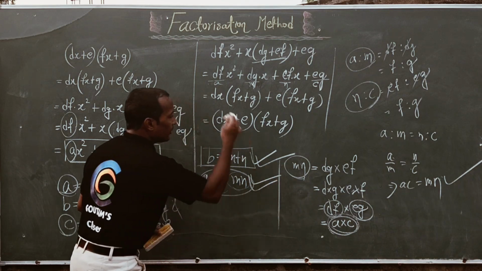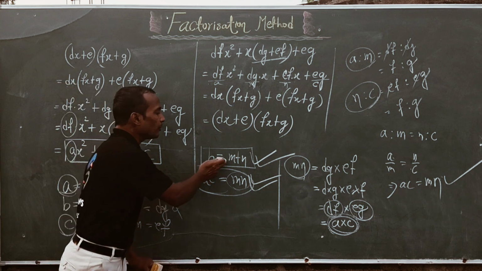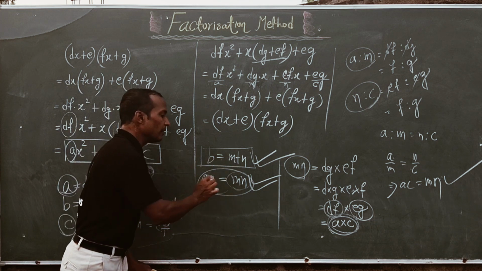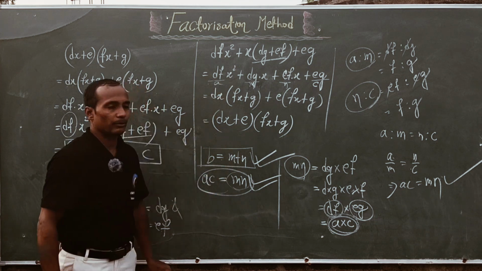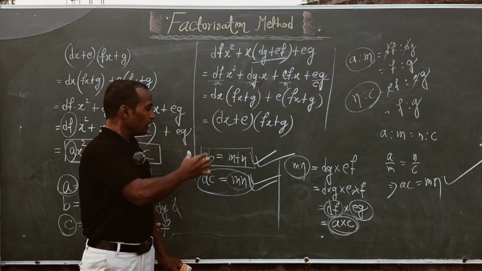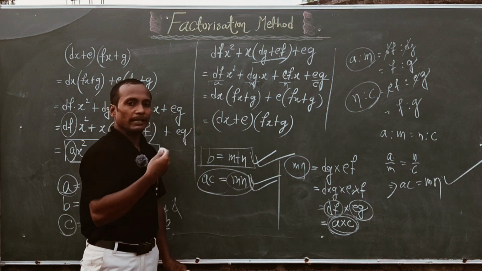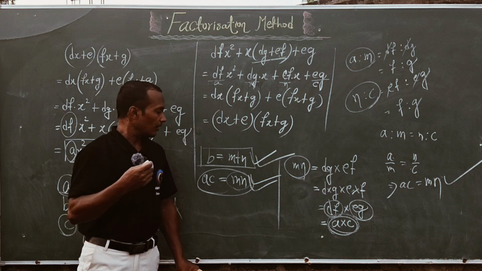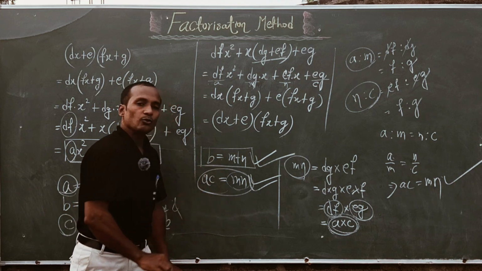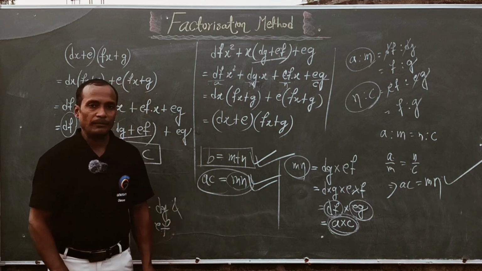We verified in this part of the class today. We understood that yes, b is equal to m plus n and ac is equal to mn has to be taken always while factorizing. Algebraically we checked it, we verified it, and we understood that yes, algebraically it is working and it has to work. Means in all the cases we will apply these two facts while factorizing. That's it.